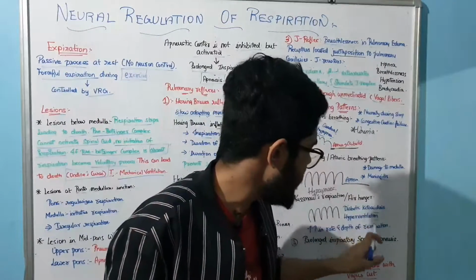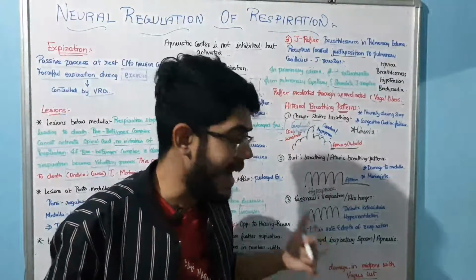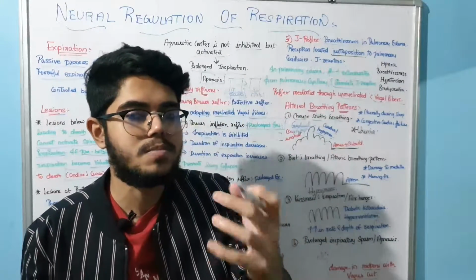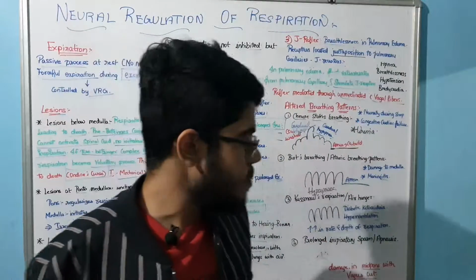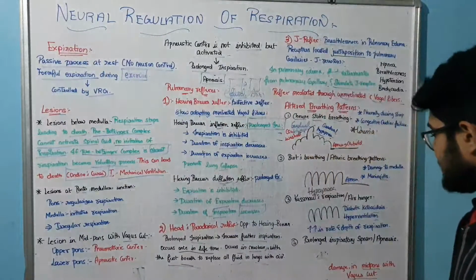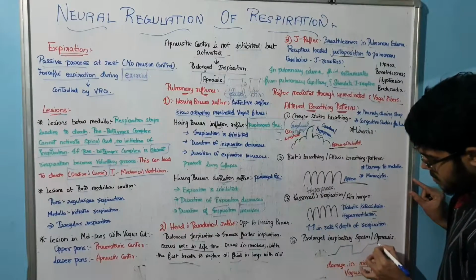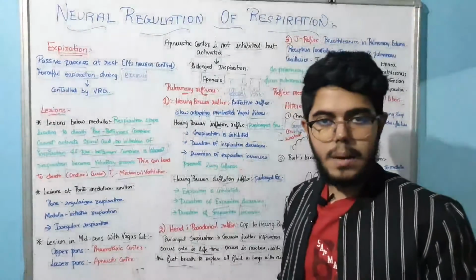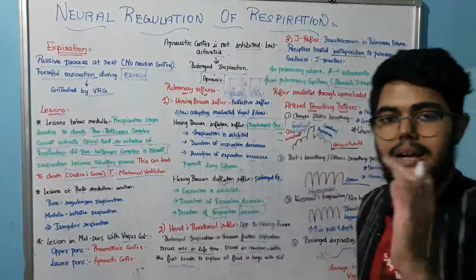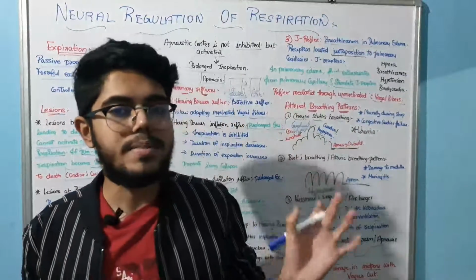So there is hyperventilation, and also an increase in the rate as well as depth of respiration, that you have to know. Next, prolonged inspiratory spasm, also called apneusis. You will get a pattern like this. So this occurs when there is damage in the mid pons with vagus cut. So these are all the conditions and the altered breathing patterns.